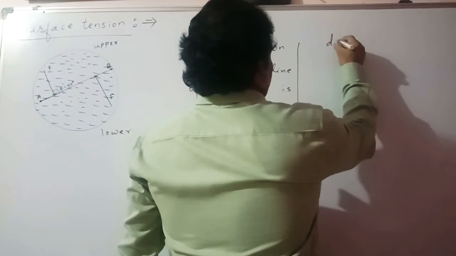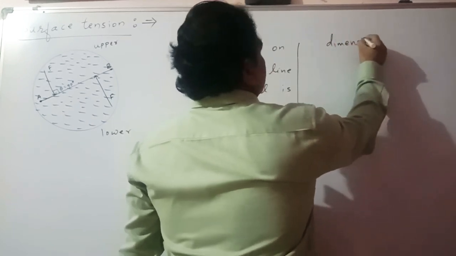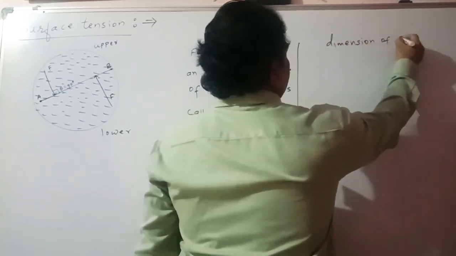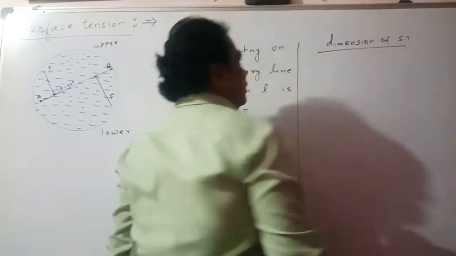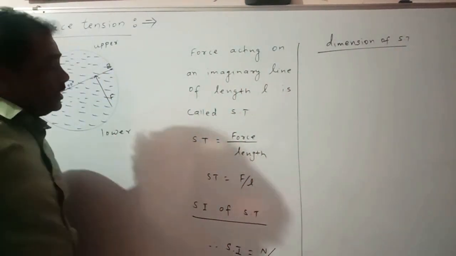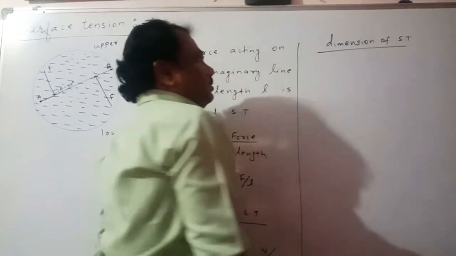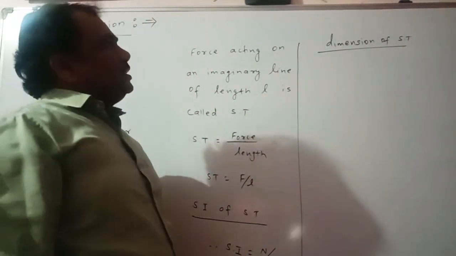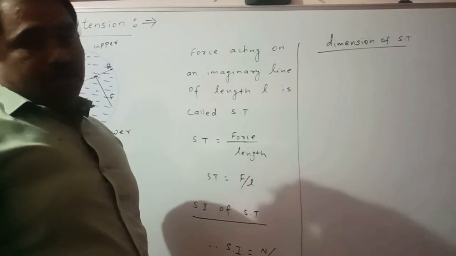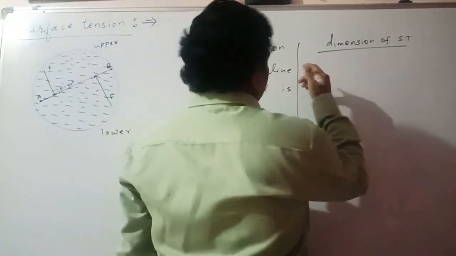Let us calculate the dimension of surface tension. To calculate the dimension of any physical quantity, first of all we should know its formula.